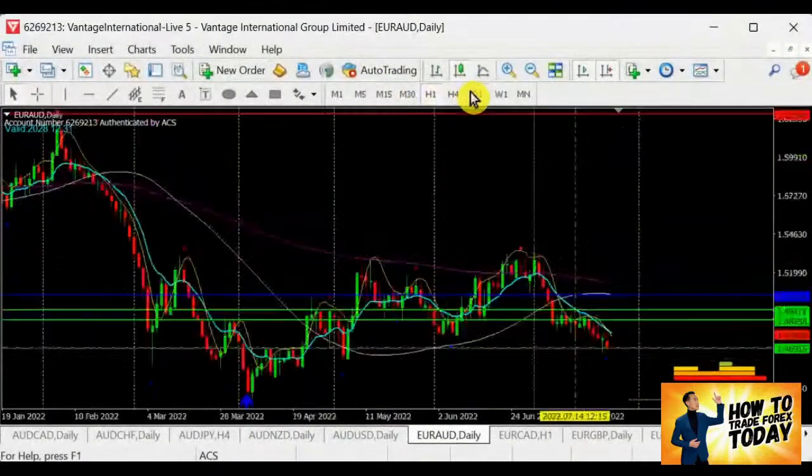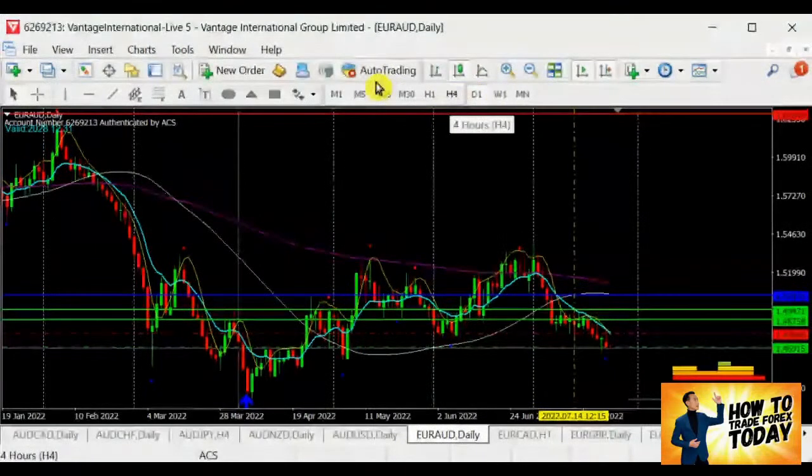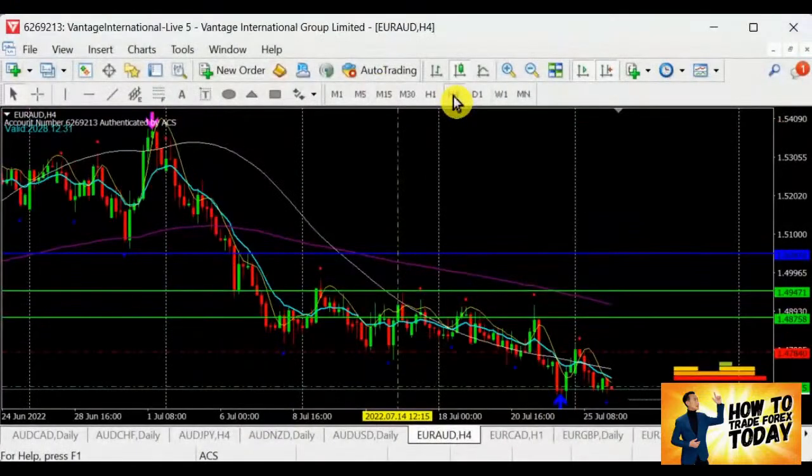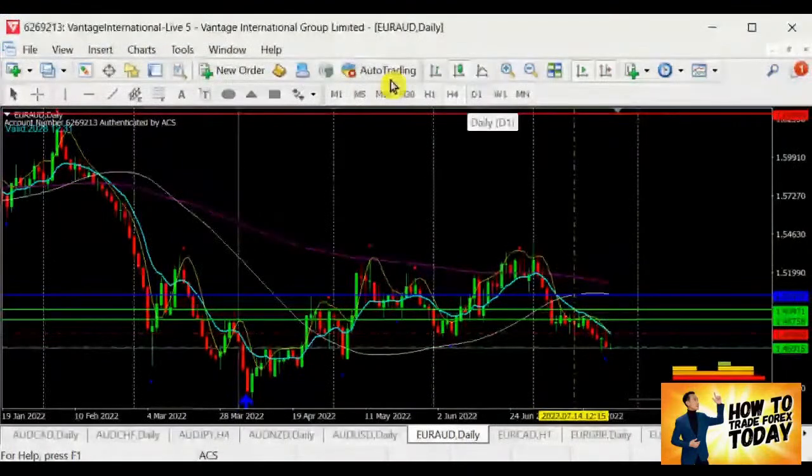Once again, Euro Aussie. Let's take a look at Euro Aussie. Currently we are looking at this point here, and tentatively we are in the bear. Right now we are waiting for it to break the support level, so that we will have a retest.